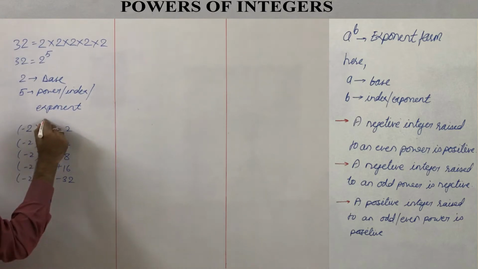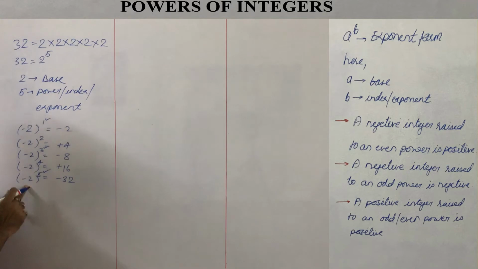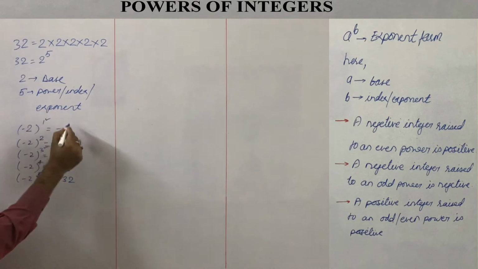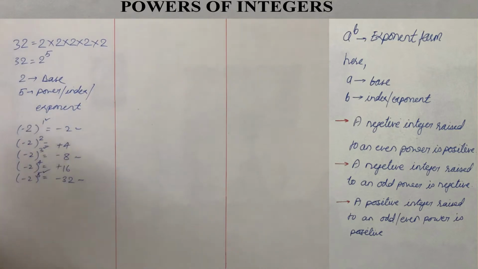Now here if the power of a negative integer is odd, then the final value is also negative. And for all even powers of negative integers, the sign is positive.